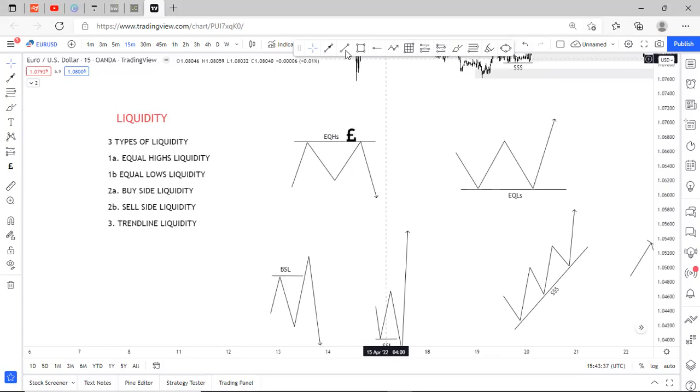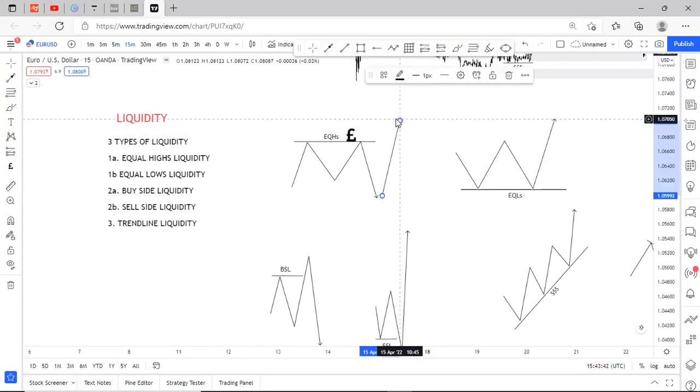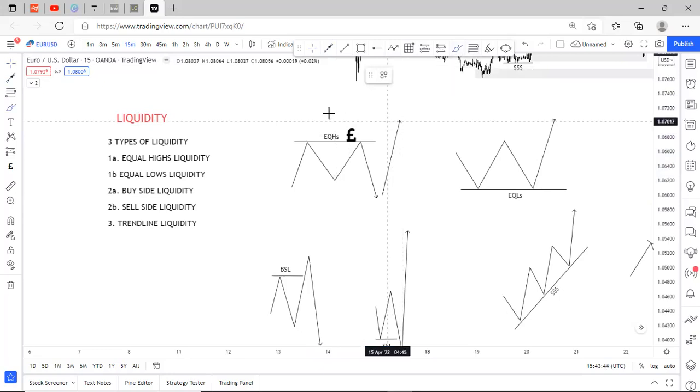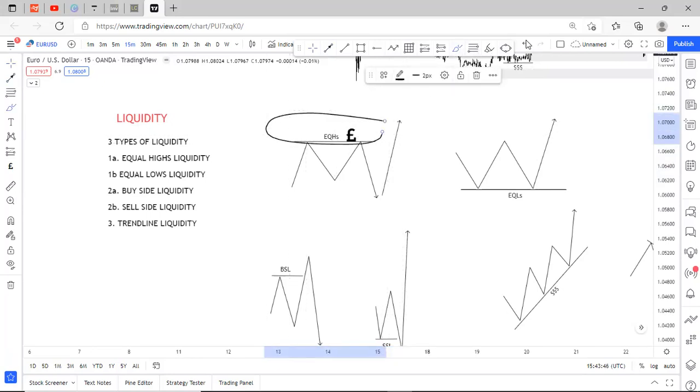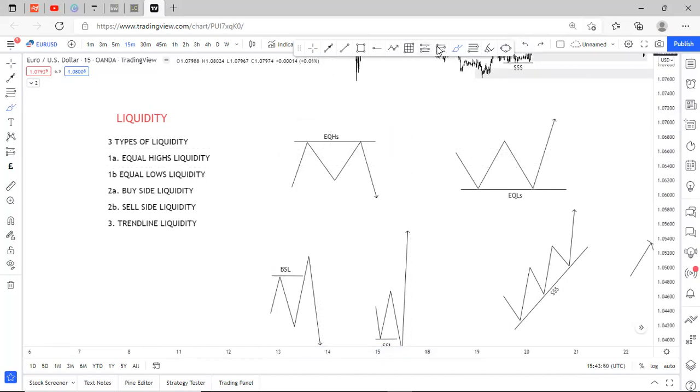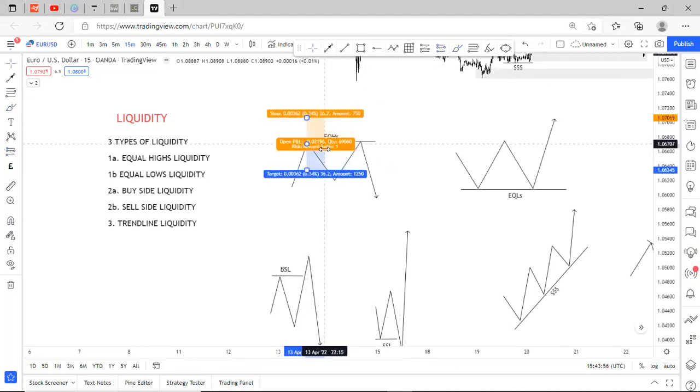Okay, and at some point the institutions are going to come here and take out the liquidity that is resting right here. So how do I know that liquidity is resting right here? Because at resistance zones, retail traders tend to take sell trades.